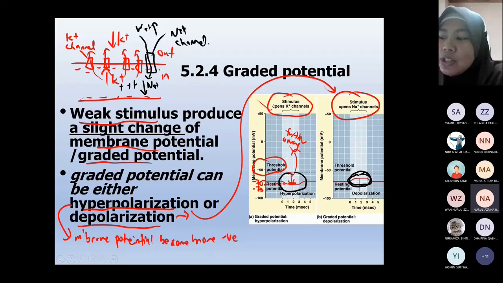Remember, this happens when the stimulus is weak. It is not able to produce an action potential because the membrane potential is not able to reach the threshold, and thus it results in a graded potential.